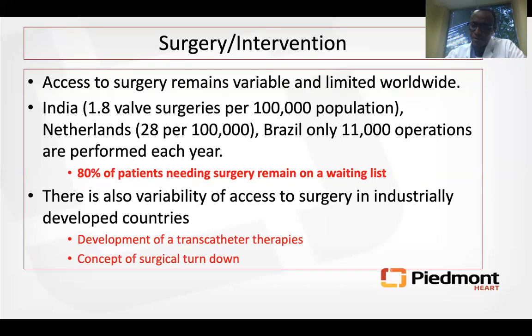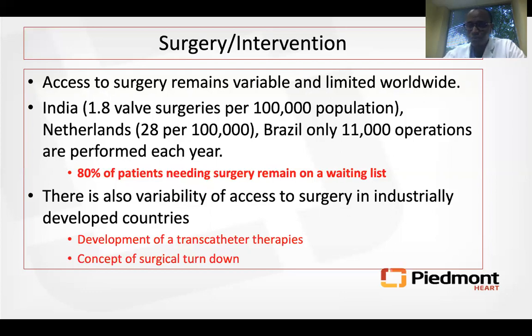In terms of surgery, not every institution has a surgical backup. If they don't have surgery, the patient should be referred to a center that is capable of doing those surgeries, or a center that is capable of doing balloon valvuloplasty. There is general variability of access to surgery even in industrialized countries.